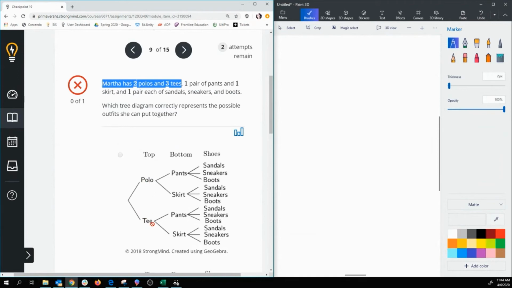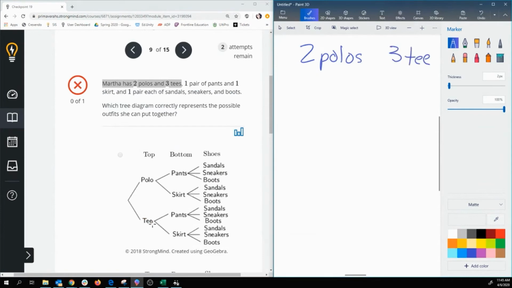Which means that we need to determine the probabilities to put on those branches that represent the amount of polos she has and the amount of t-shirts that she has. So if she has 2 polos and 3 t-shirts, right? How many total shirts does she have to pick from?